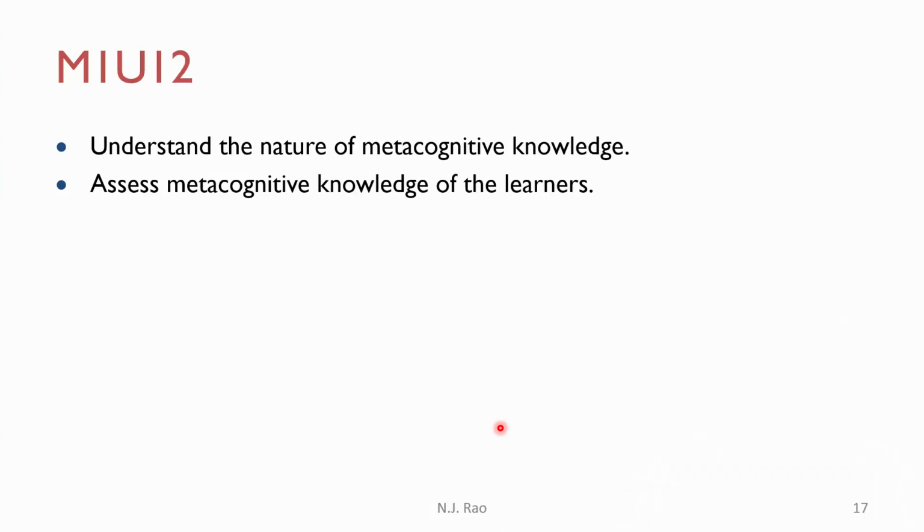And in the next unit, we will try to understand the nature of metacognitive knowledge and assess the metacognitive knowledge of the learners. Because of the importance of metacognitive knowledge, I felt it is worthwhile spending at least one unit on this. Thank you very much.